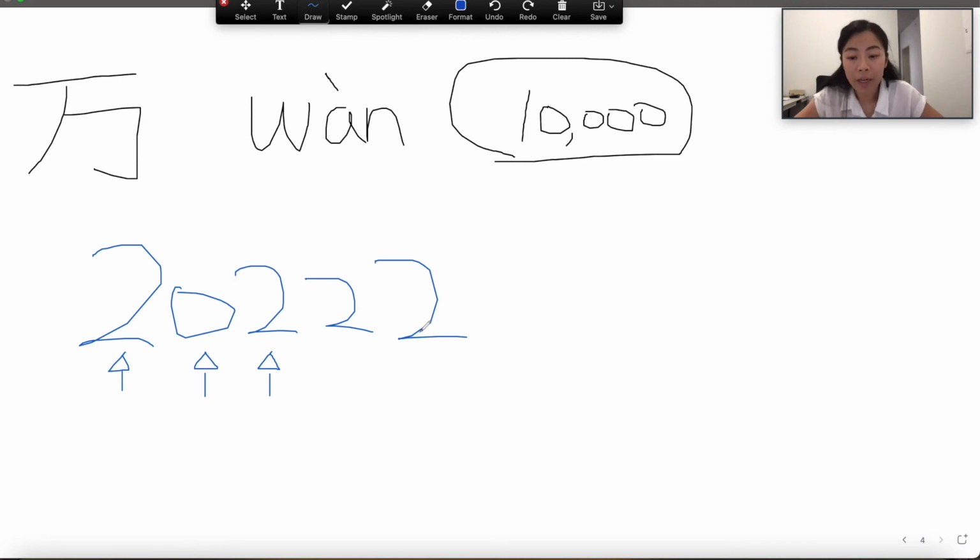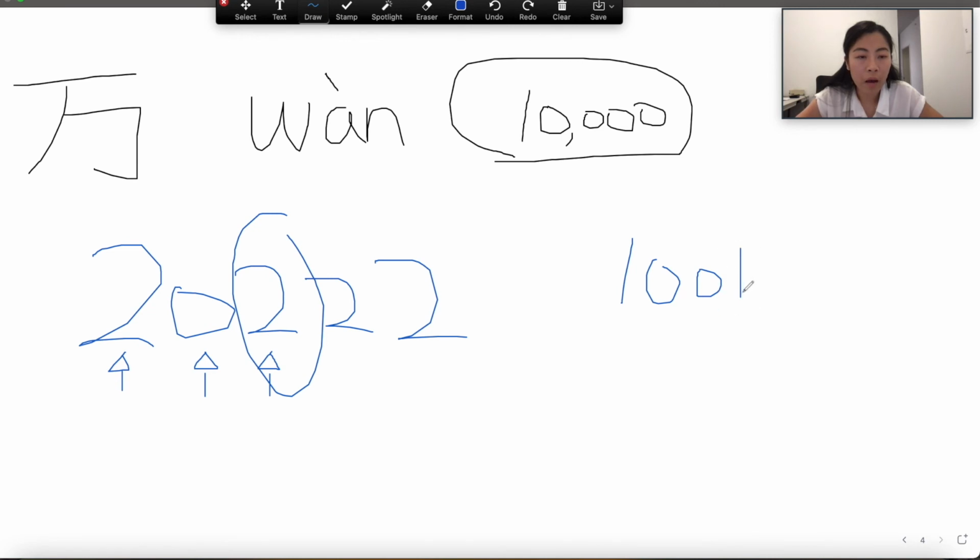Or this number can be pronounced as 两万零两百二十二. So you have the choice of pronouncing 200 as 二百 or 两百. Alright, let's go ahead with another example.